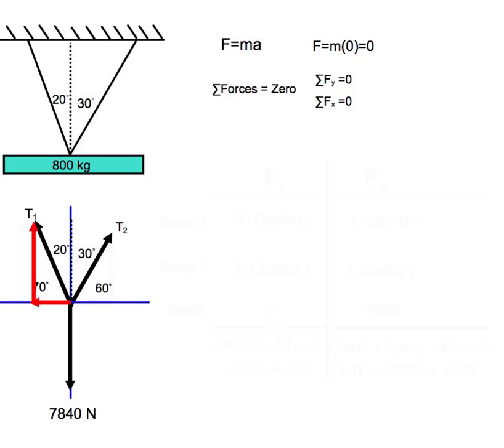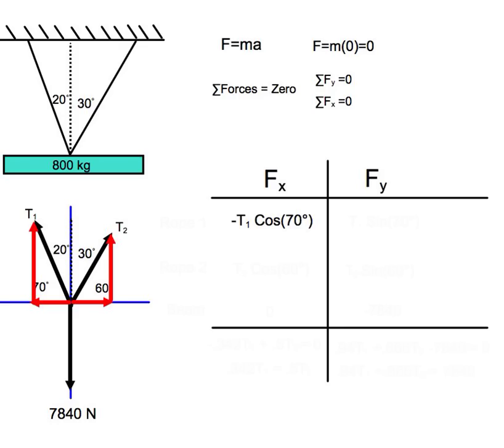So it has an x part, it has a y component to its vector. Rope 2, we're going to break it down into its x and y parts. So there's an x component and a y component to that vector. And the beam, the force is pointing straight down. There is no x component, only a y component.